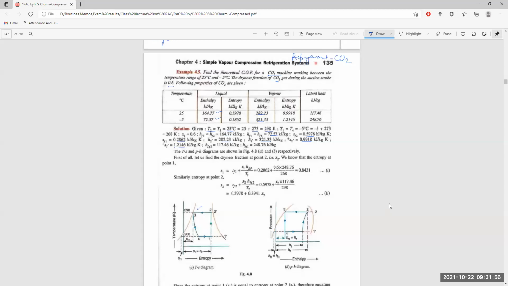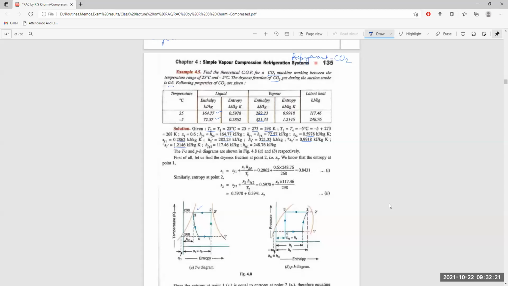This means T2 is equal to T3, which is 30 degrees centigrade, that is 30 plus 273, equal to 303 degrees Kelvin. T1 is equal to T4, which is minus 10 degrees centigrade, equal to minus 10 plus 273, which is 263 degrees Kelvin itself.